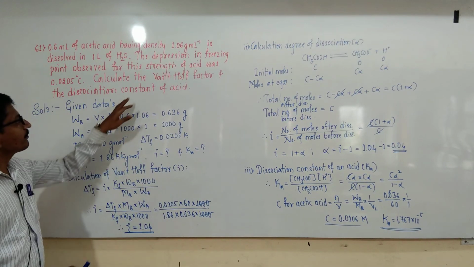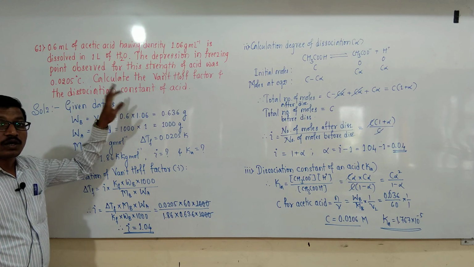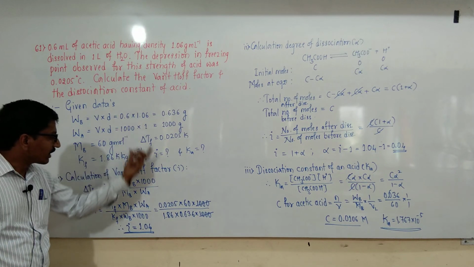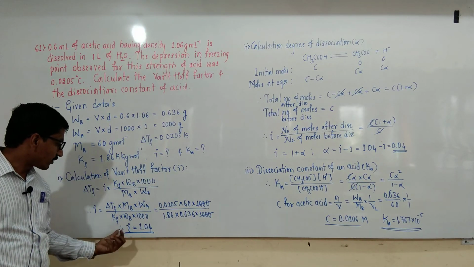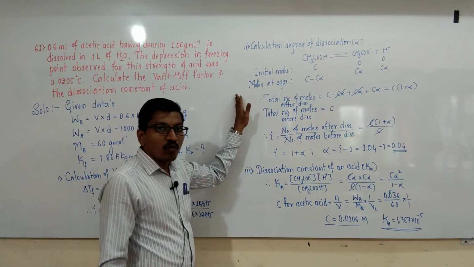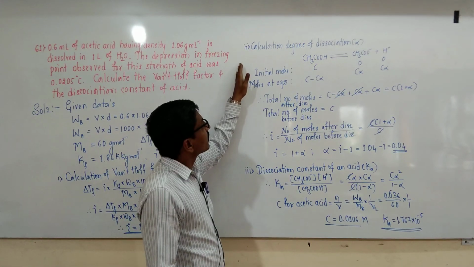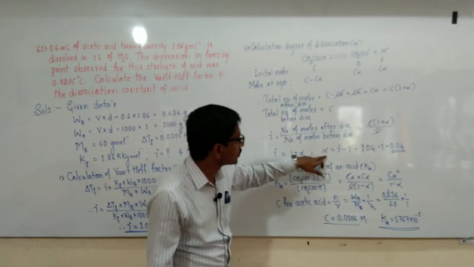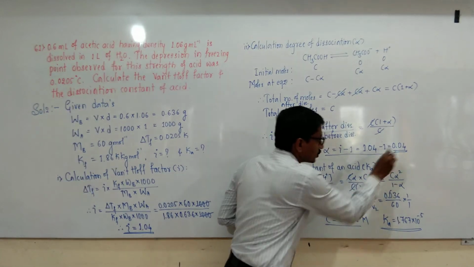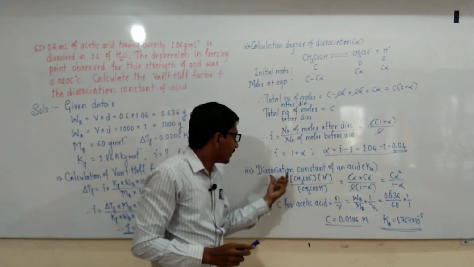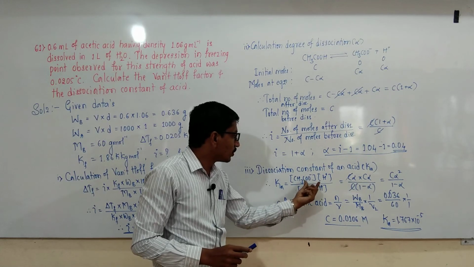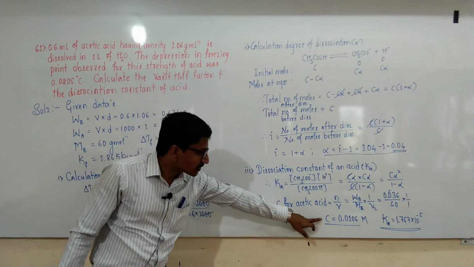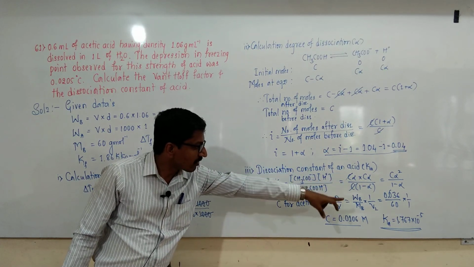Okay. This problem is based on depression of freezing point including van't Hoff factor. First, from the given data, van't Hoff factor is calculated, then from the van't Hoff factor value we calculated the degree of dissociation alpha value, which is 0.04, and the dissociation constant of an acid Ka is equal to this, and by substituting the values, the concentration is calculated, and concentration and alpha values are substituted.